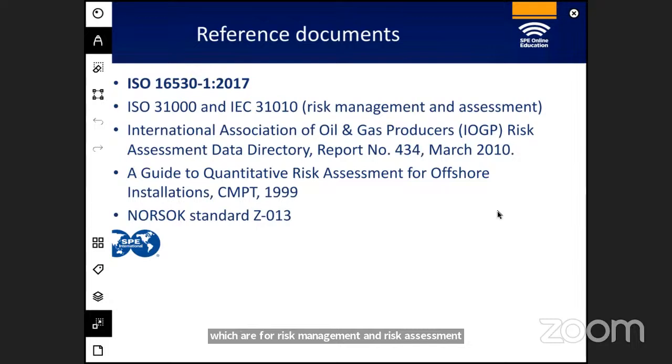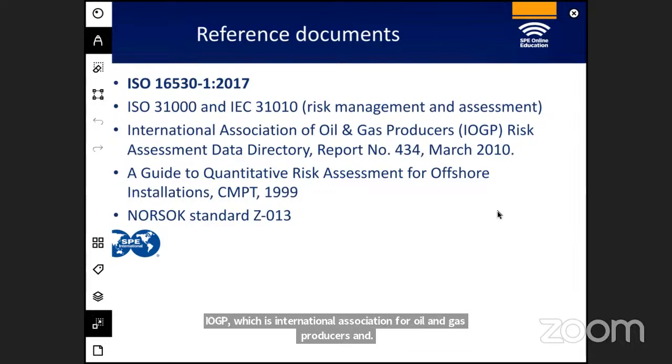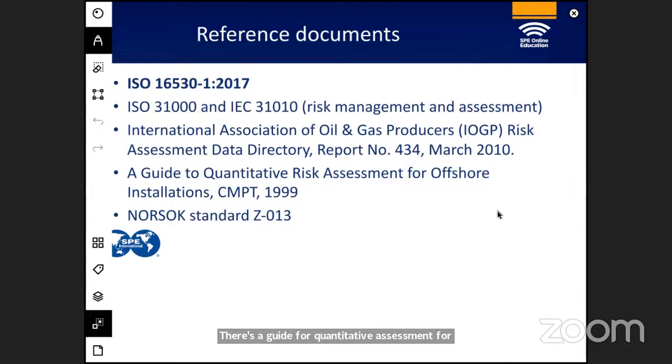Then there are other guiding documents from IOGP, which is the International Association of Oil and Gas Producers, and there's a guide for quantitative risk assessment for offshore, CMPT, and NORSOK standard Z013 also gives us risk assessment details.